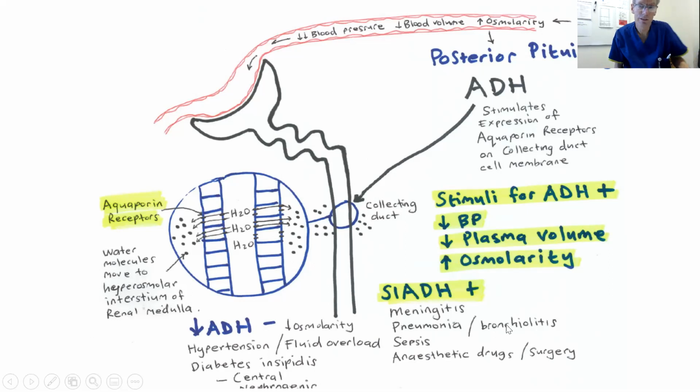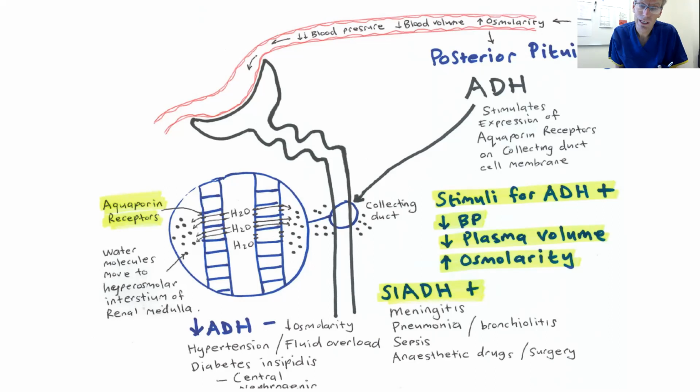But there are some conditions in children, particularly, where you have high levels of circulating antidiuretic hormone, and it's not entirely clear why, but they have some protective advantage. So if a child has meningitis or pneumonia or bronchiolitis or sepsis, then they will have high levels of circulating antidiuretic hormone.